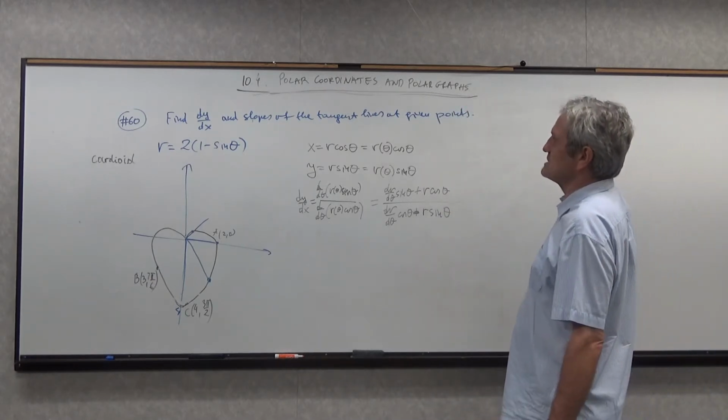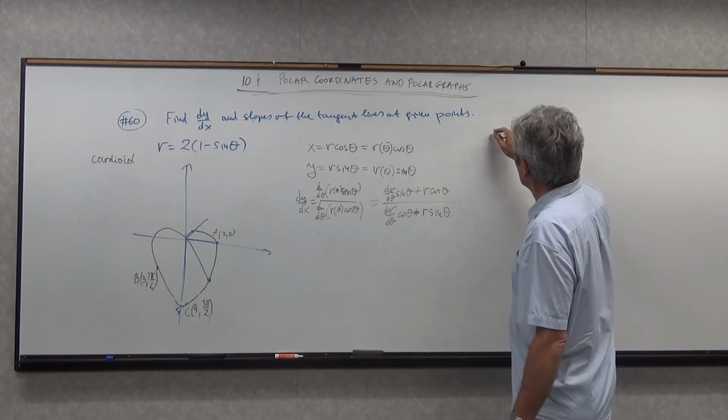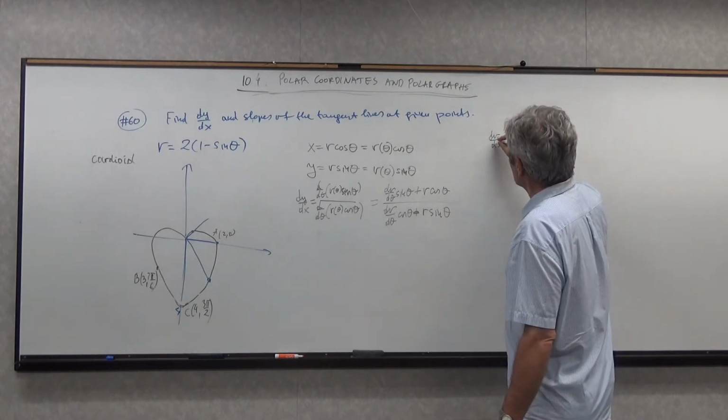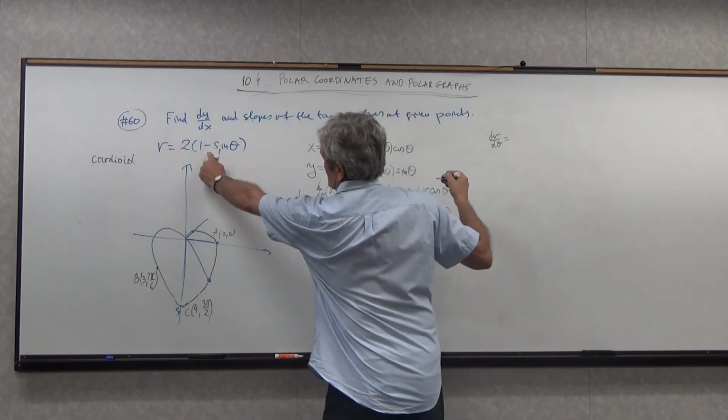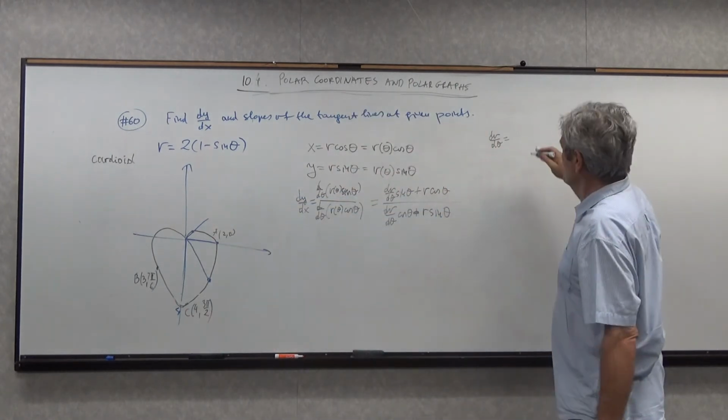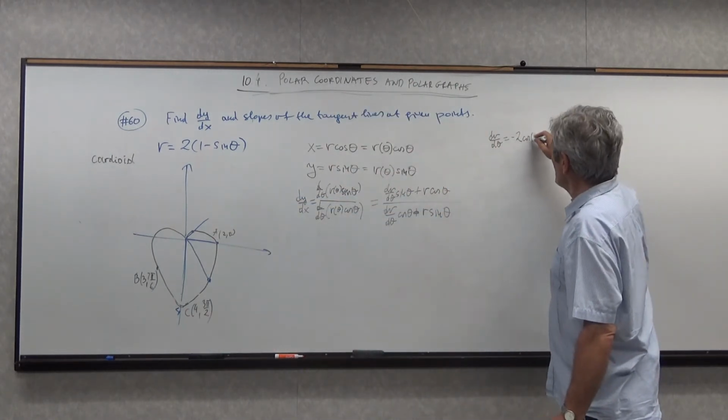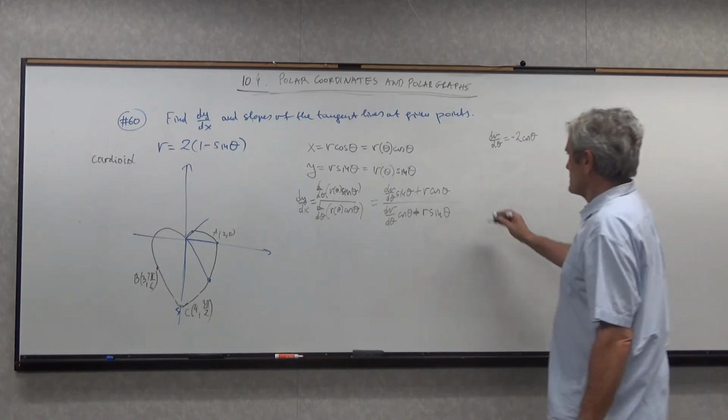By the way, what is dr over d theta? dr over d theta is what? Derivative of this. So that will be negative 2 cosine theta. So generally it will be what?